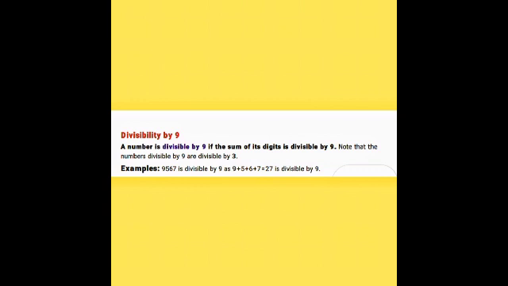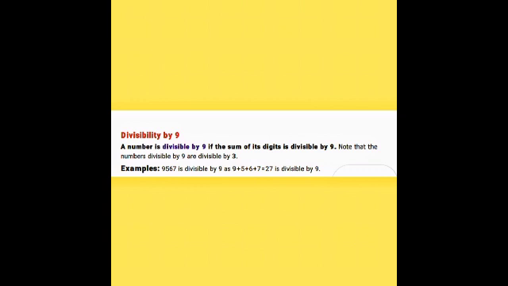Consider the example 9567. What is the first step? We should add all the digits: 9 plus 5 plus 6 plus 7. If you add all the 4 numbers, we get 27. 27 comes in the 9 table. Therefore, the number 9567 is divisible by 9.